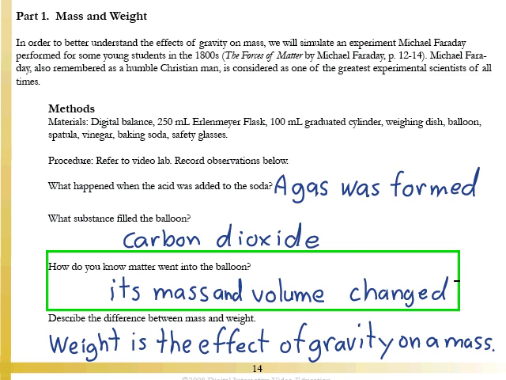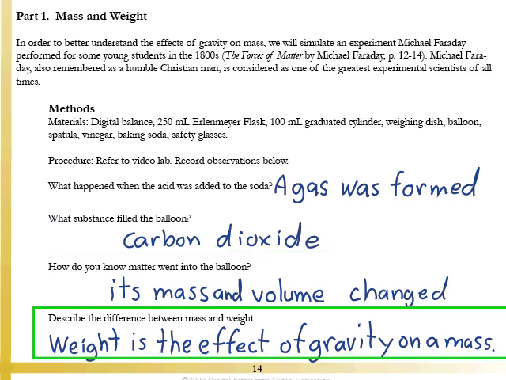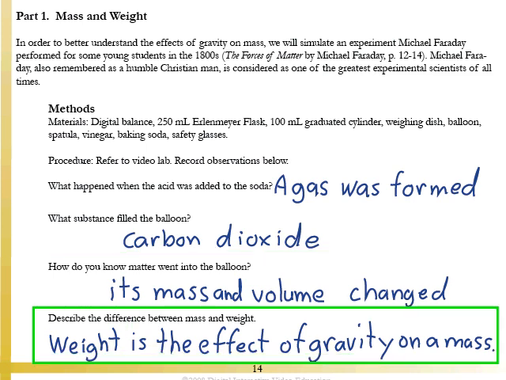We could see a volume change in the balloon, and we saw that its mass changed too when we put it on the balance. And since matter is anything that takes up space and has mass, since this changed, we know that matter went in. Even though we can't see it, we know it's there. And then the difference between mass and weight, the main way to think about that is that weight is the effect of gravity on mass.